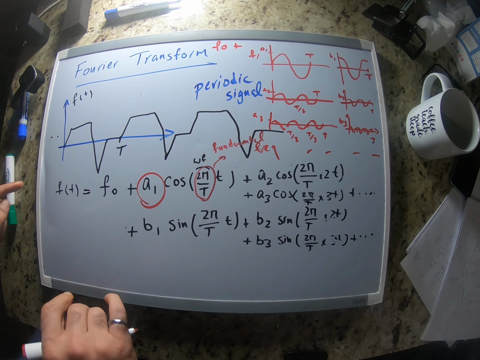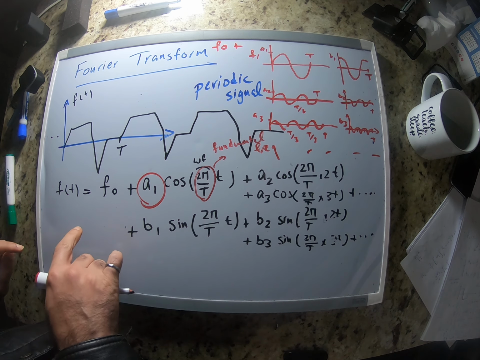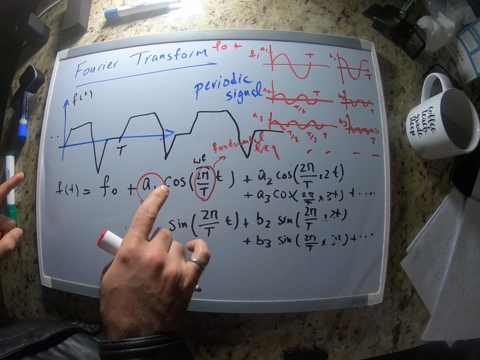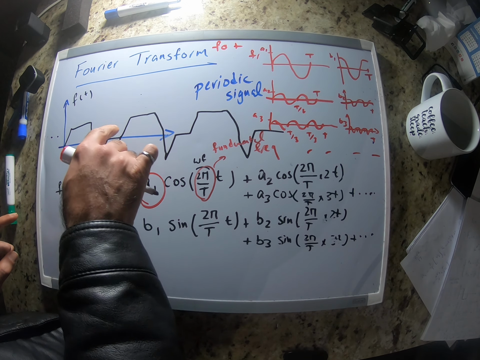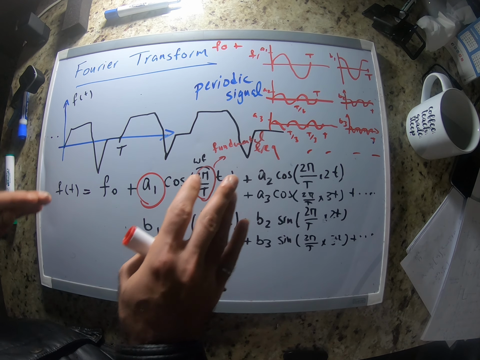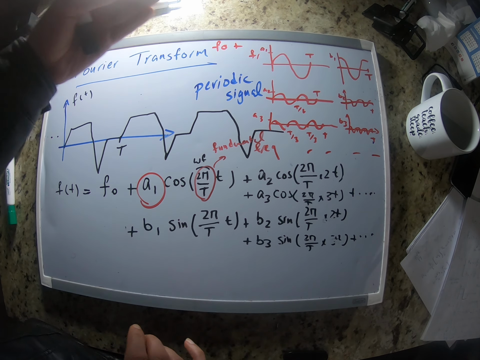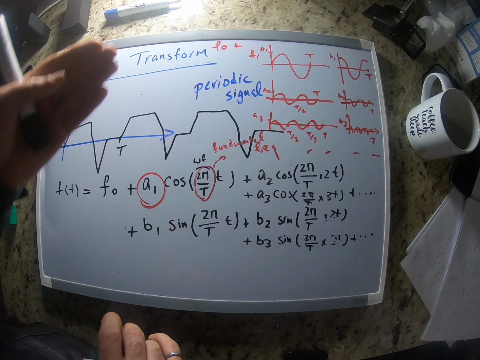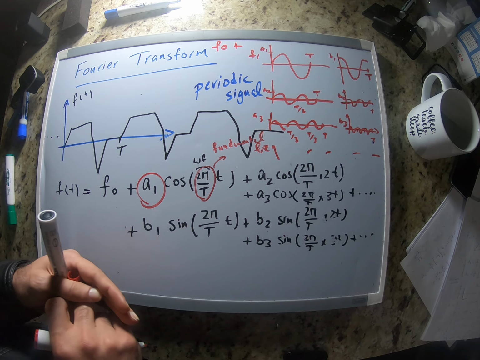It basically tells us that the Fourier series of a function says I can write this function as a summation of an infinite number of sines and cosines.